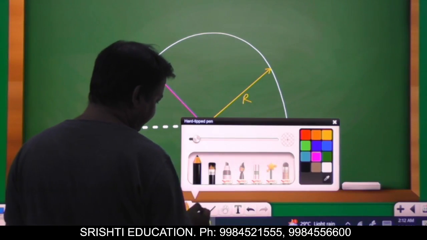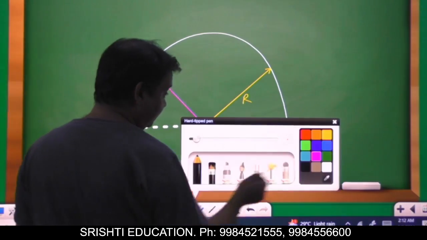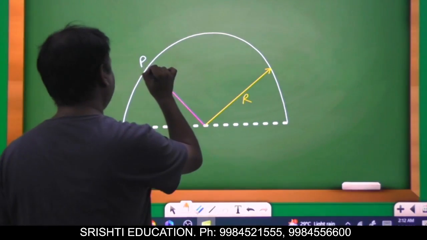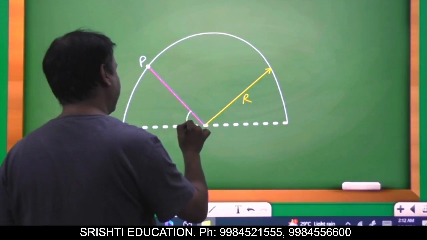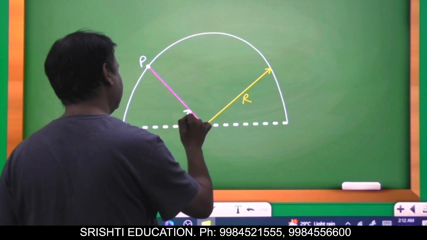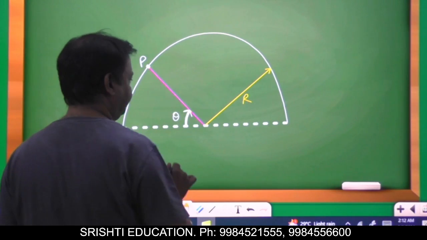You can also call it the azimuthal angle, we have seen in lecture 1. So this is a point P, and its angular position from this reference line is say theta.